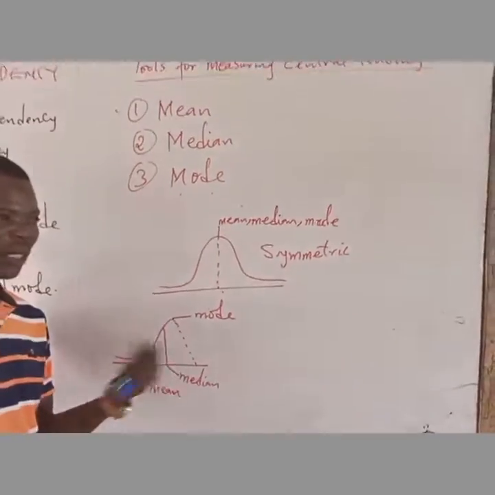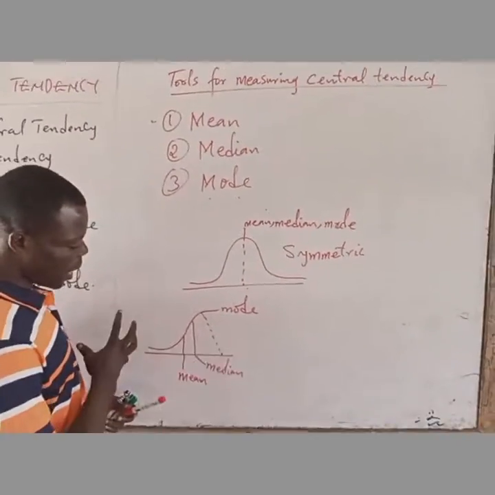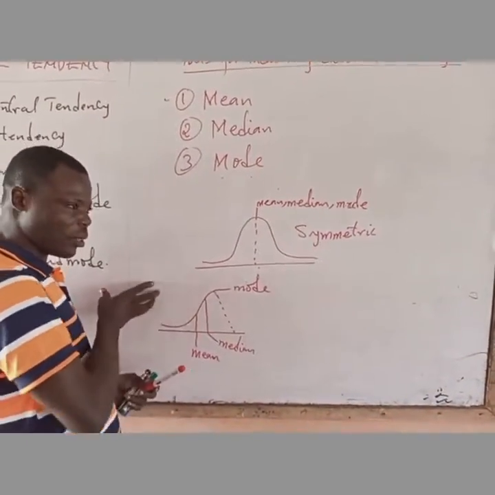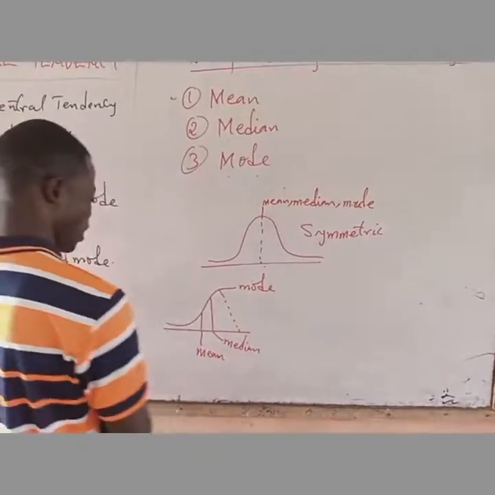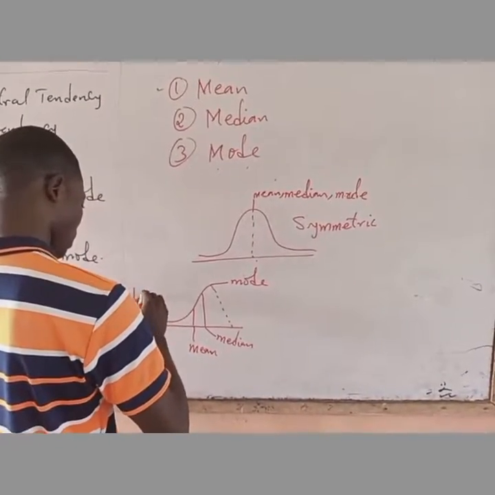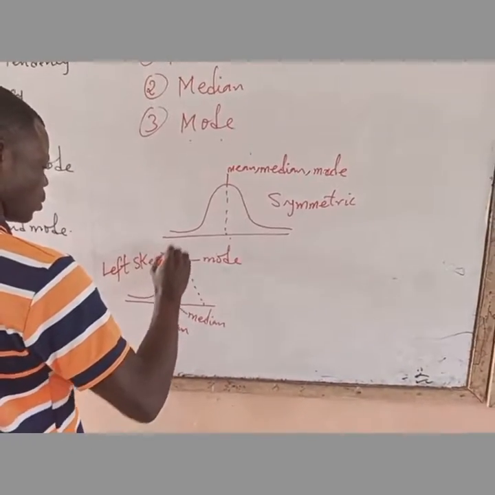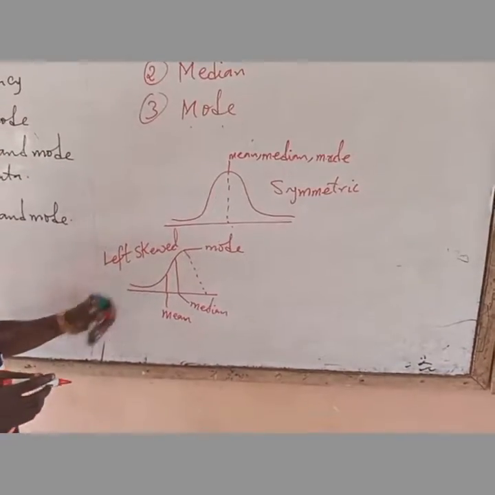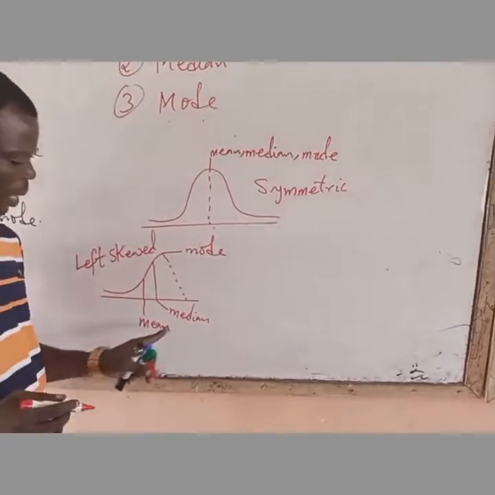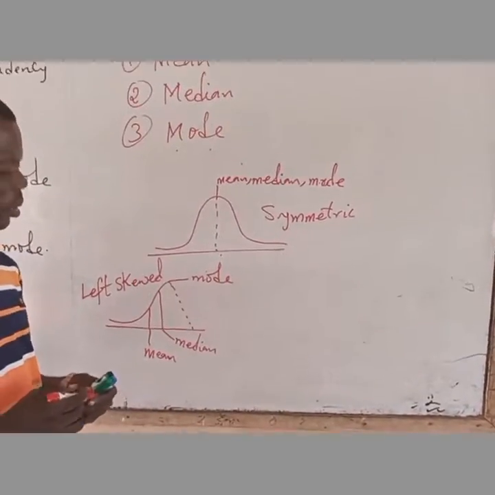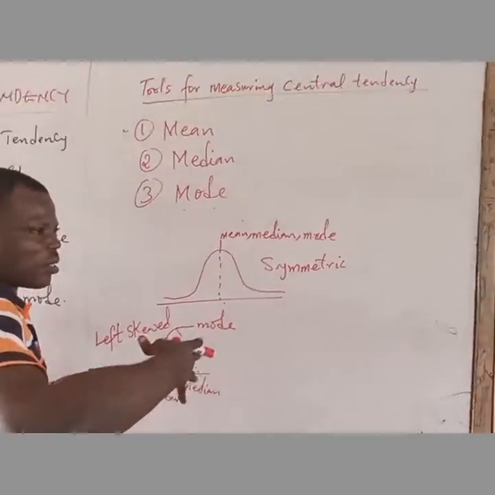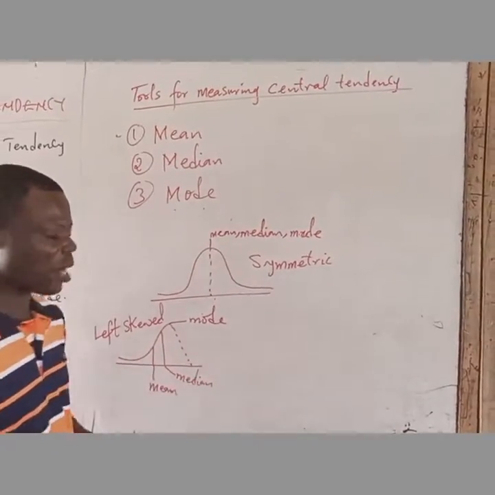In this set of data, we discover that it's skewed to the left. Left skewed. The mean, the mode, and the median are not at the same level.